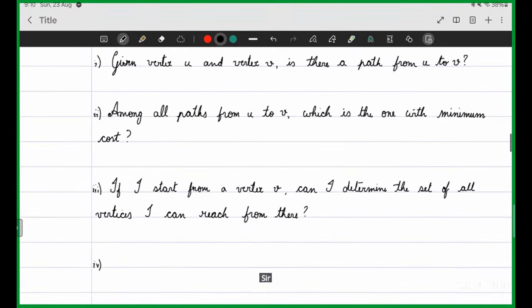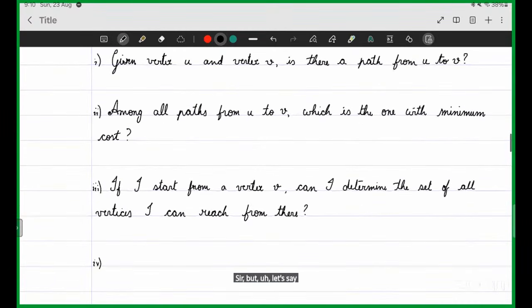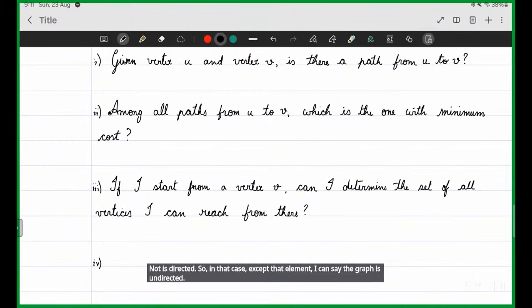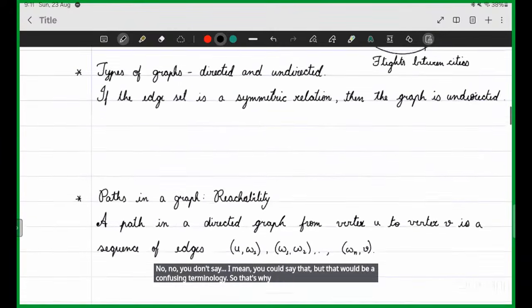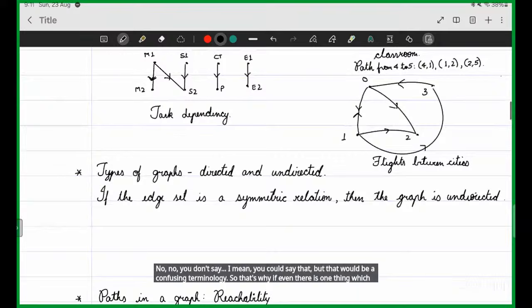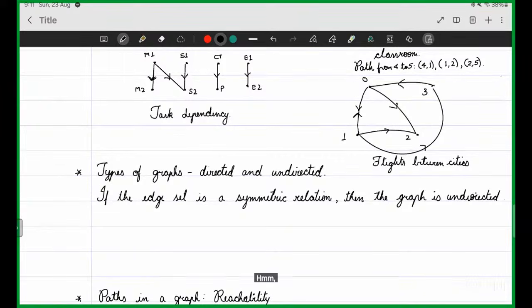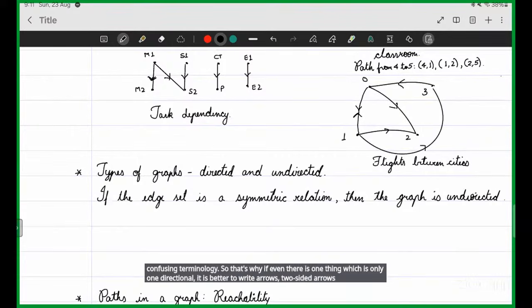But let's say one of the elements is directed. In that case, except that element, can I say the graph is undirected? No, you can't. I mean, you could say that, but that would be confusing terminology. So even if there is one thing which is only one directional, it is better to write arrows, two-sided arrows for everything except that thing.